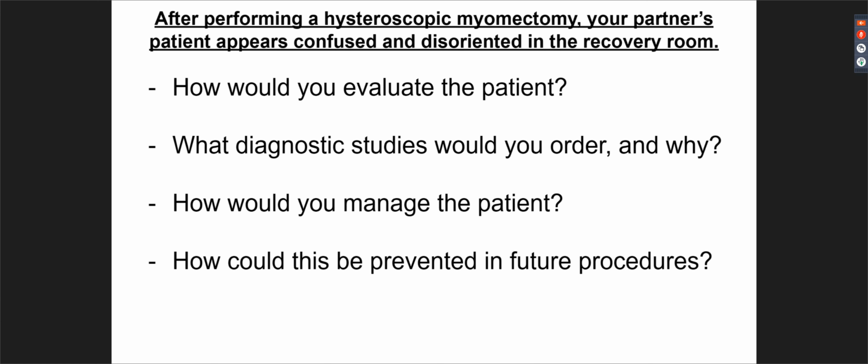Consider stopping the procedure if the patient is showing any kind of symptoms and the fluid deficit is already at 500. Most definitely, if it went above that and the patient is deteriorating, stop the procedure. I think that's the only thing I would have done differently.